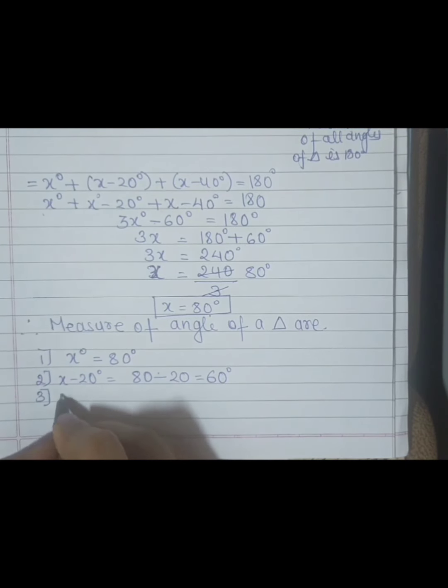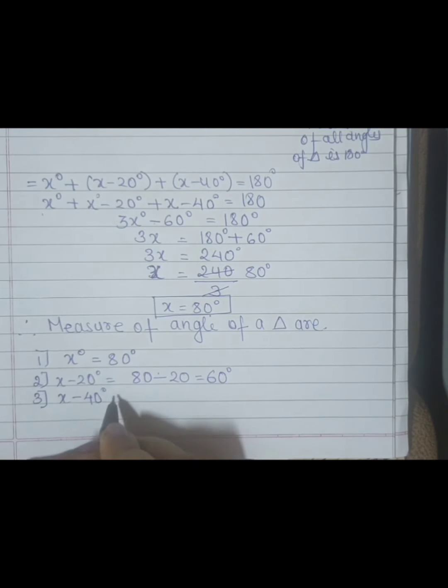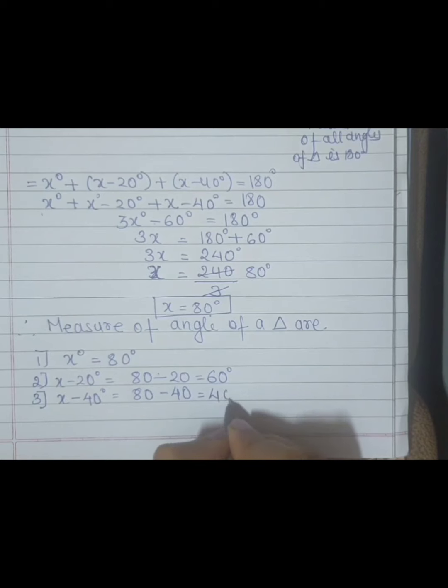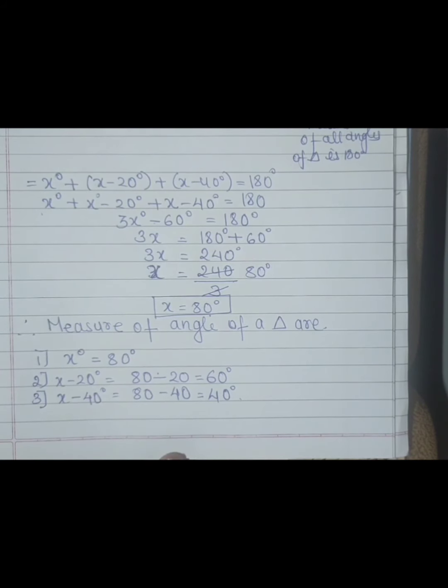Third is given x minus 40, so we'll write in the place of x 80, then minus 40, we'll get 40 degree.